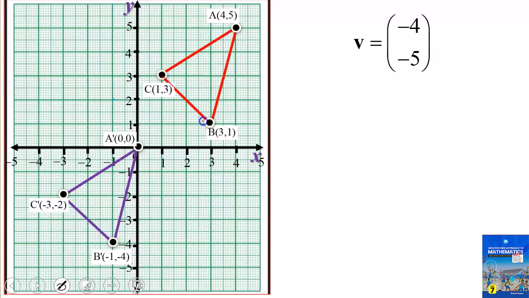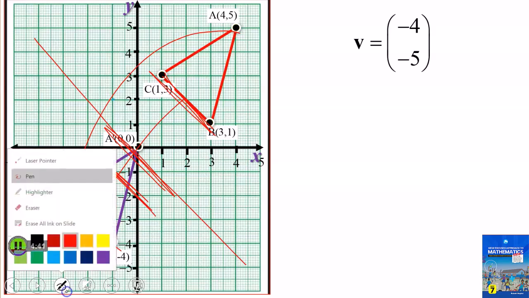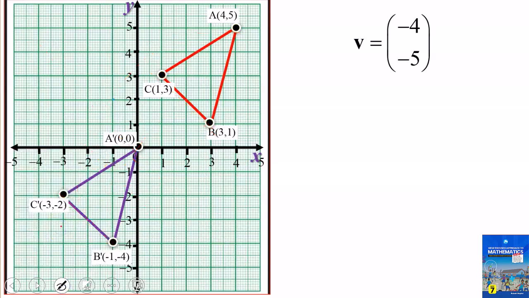But if this happens to be a reflection, you see that it will flip over, so that A rather will come this way, and then BC rather will go in the middle, coming immediately after the mirror line. And so you can use this language of flipping and sliding to differentiate between reflection and translation.